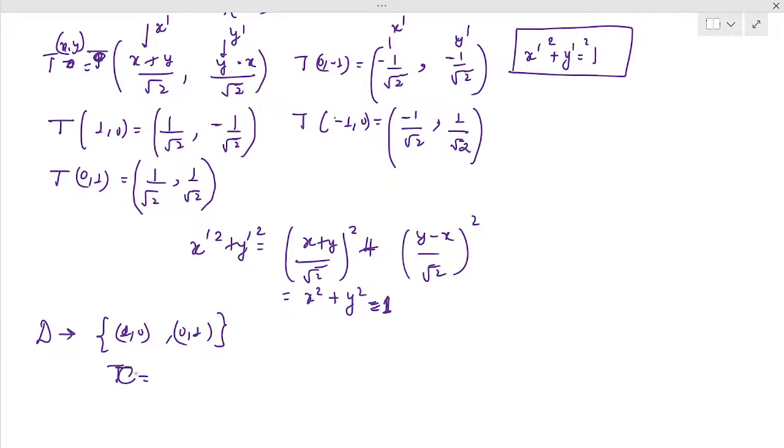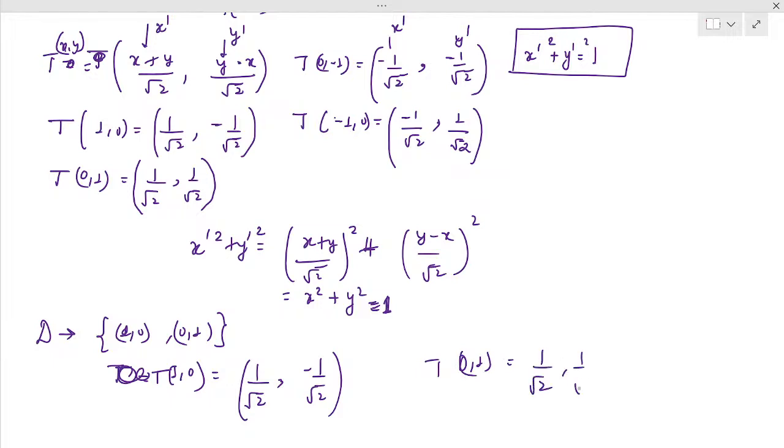If I want to write T of (1, 0), I'll get 1 upon root 2 comma minus 1 upon root 2. And T of (0, 1) would be 1 upon root 2 comma 1 upon root 2.